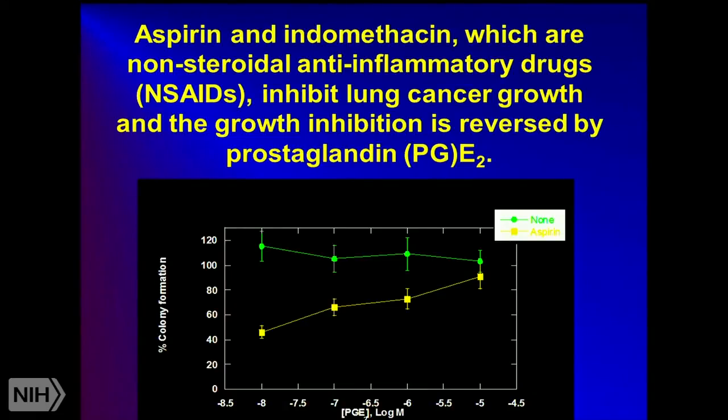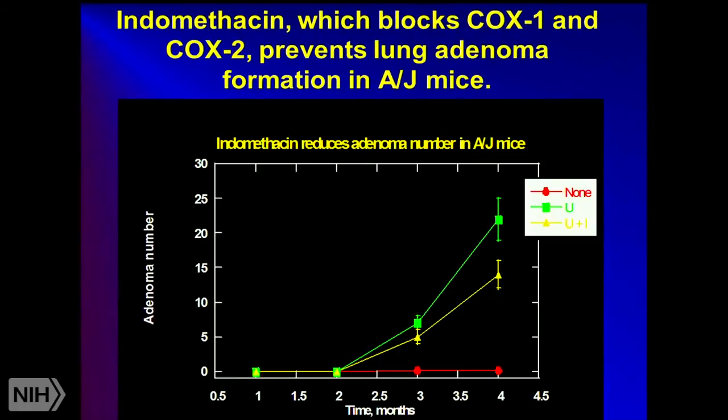Non-steroidal anti-inflammatory drugs such as aspirin or indomethacin inhibited the growth of the lung cancer cell lines. In this case, aspirin was used. When you added prostaglandin E2, the growth inhibitory effects of the aspirin were reversed. So this suggests that prostaglandin E2 in particular is a mediator of the lung cancer growth.